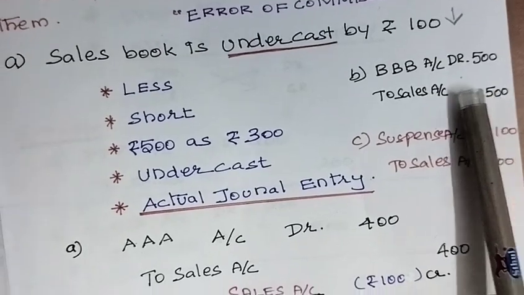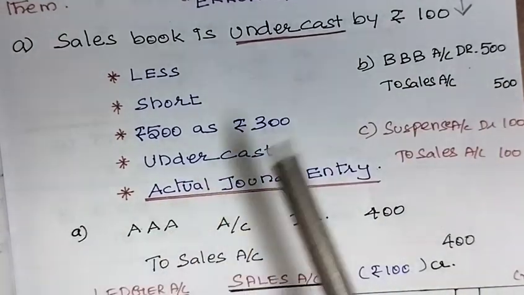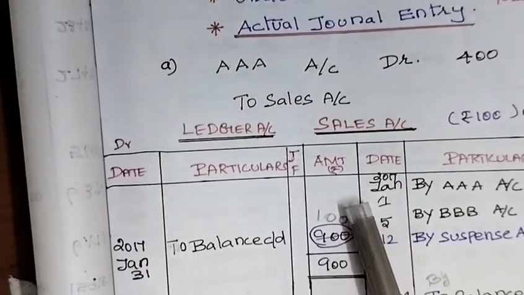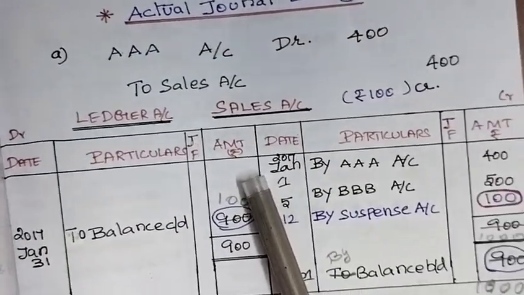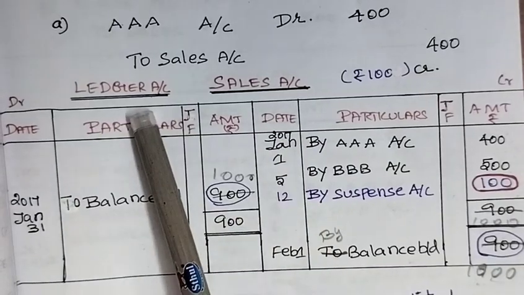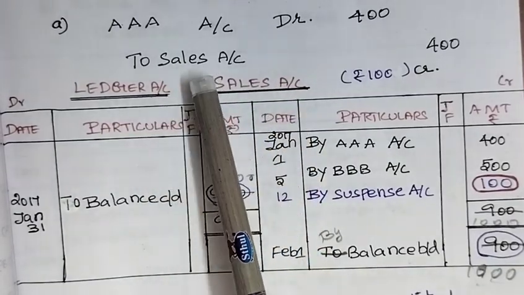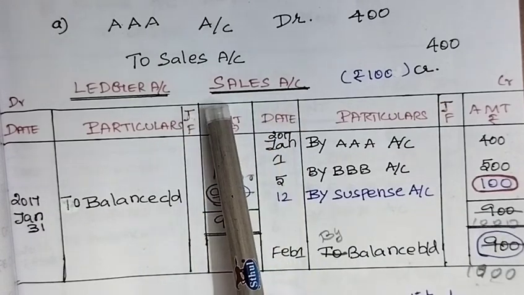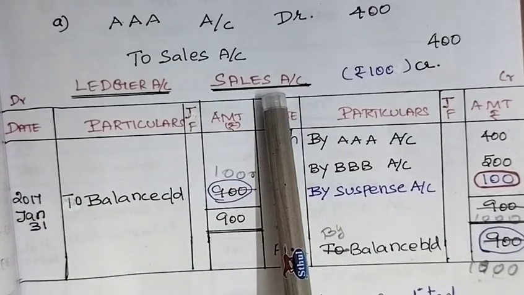So how do you post these to the sales account in the ledger? Take the ledger account and write the heading Sales Account.